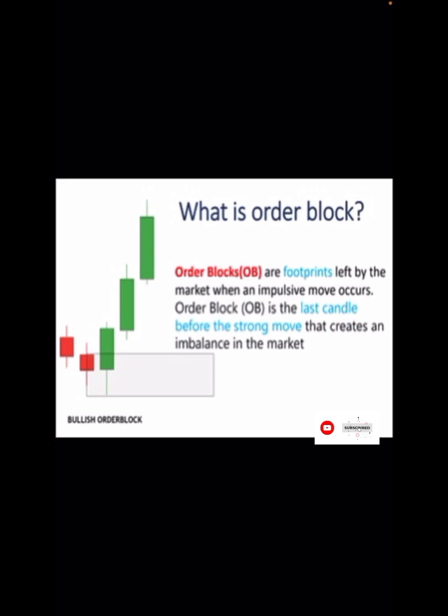There are important areas when you open the forex chart. These areas determine the direction of the market, and these areas are areas of interest to institutional traders. Who are these institutional traders?